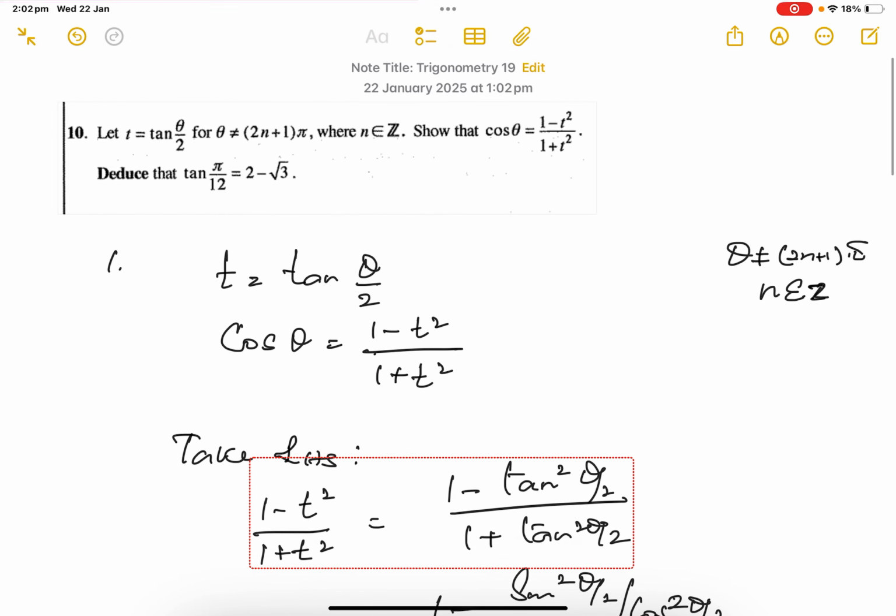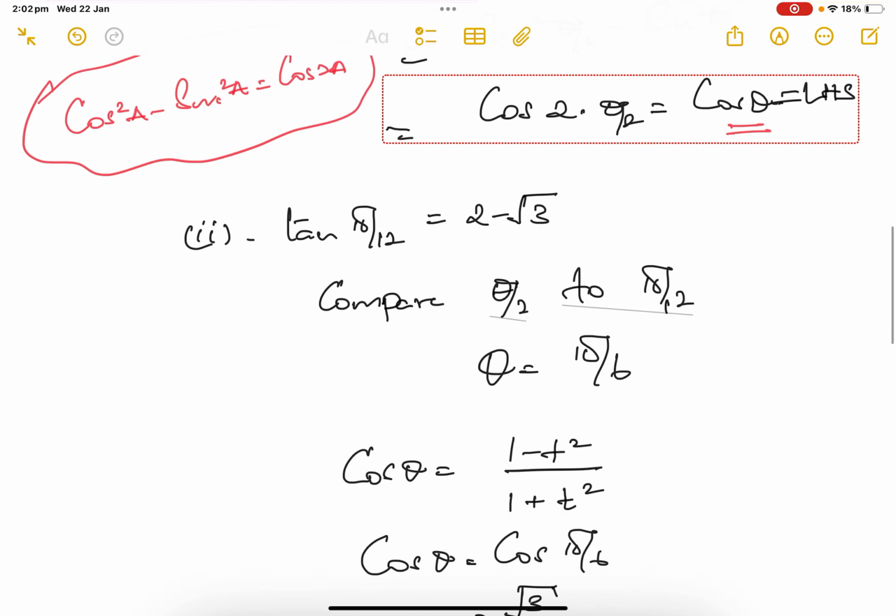The second part is: deduce that tan pi by 12 equals 2 minus root 3. What they're trying to say is, without using the calculator, we need to find the value or prove that tan pi by 12 equals 2 minus root 3. And again, the hidden message is to use the first part. We dealt with tan theta by 2 in the first part.